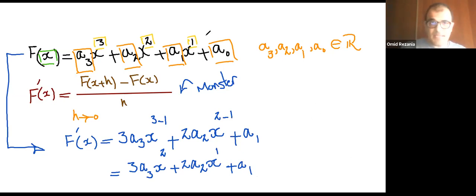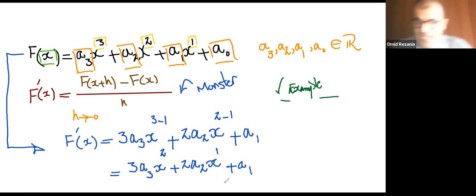Now I'm just going to give you an example like that. Let's find an example. You can expand this method even to polynomials of degree 10, which we do not go in that direction. I'm just going to give you this one because sometimes it helps you to correct your work.